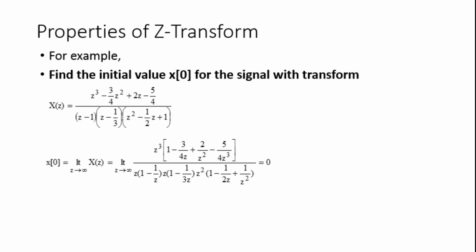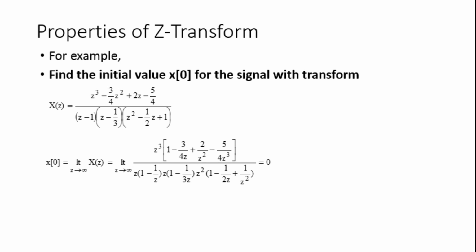For example, find the initial value x of 0 for the signal with the transform x of z is equal to z cube minus 3 by 4 z square plus 2z minus 5 by 4 divided by z minus 1 into z minus 1 by 3 into z square minus 1 by 2z plus 1. Then x of 0 is equal to limit z tends to infinity x of z.